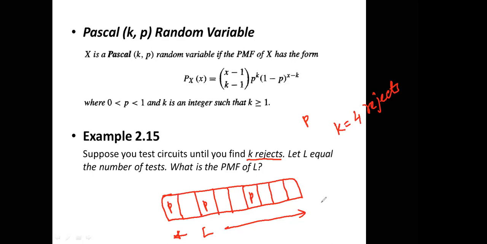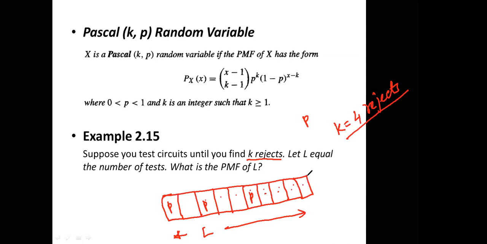What does it mean? If all these are accept, can we stop testing? No. I've tested 1, 2, 3, 4, 5, 6, 7, 8, 9 tests, and I have found 3 rejects. But I need to find 4 rejects. So definitely I have to test again to find the reject, but it is also accept.